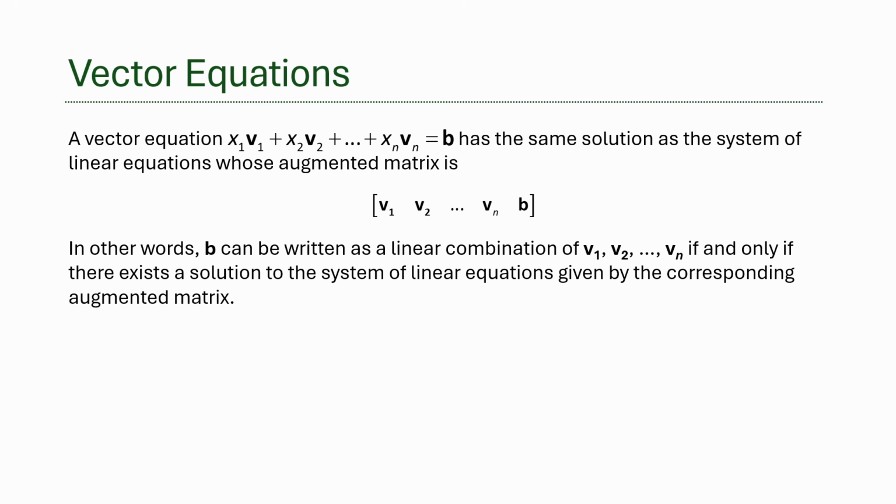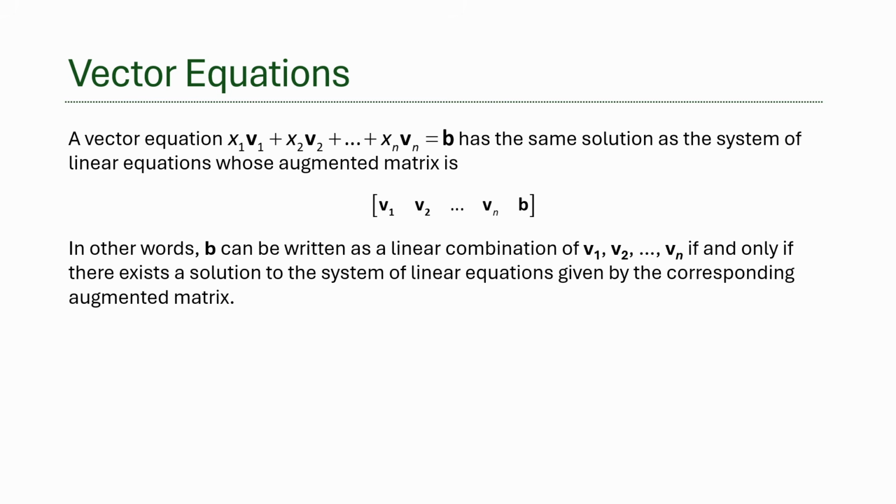That's what we saw on the last slide. If we start with a vector equation, then that vector equation is going to have the same solution as the system of linear equations whose augmented matrix has its columns made up of the vectors from the vector equation.